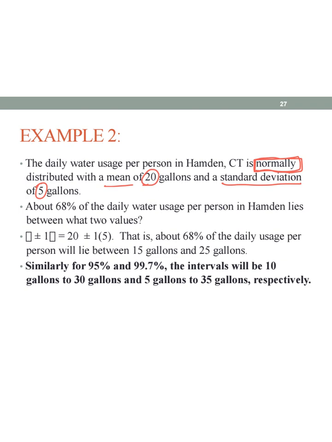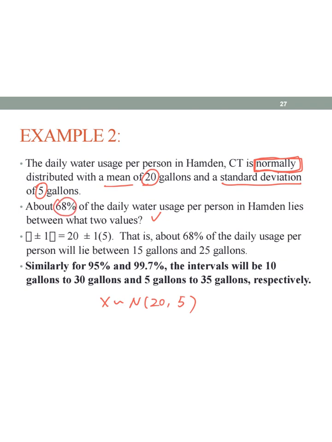So we have X is normally distributed. I translate this into mathematics language: the mean equals 20, standard deviation equals 5. For part A, we want to find between what two values 68% of daily water usage per person in Hamden lies.